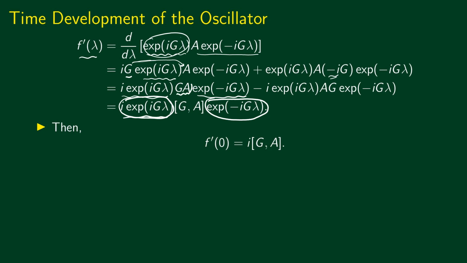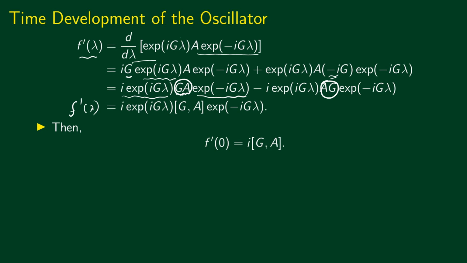We are left with g a from here minus a g, which is nothing but the commutator of g and a. Okay, so this term can be written as i exponential ig lambda, the commutator of g with a, multiplying exponential minus ig lambda. Okay, so this is the result for f prime of lambda. All right. Now what we need is f prime of lambda evaluated at lambda equal to 0.